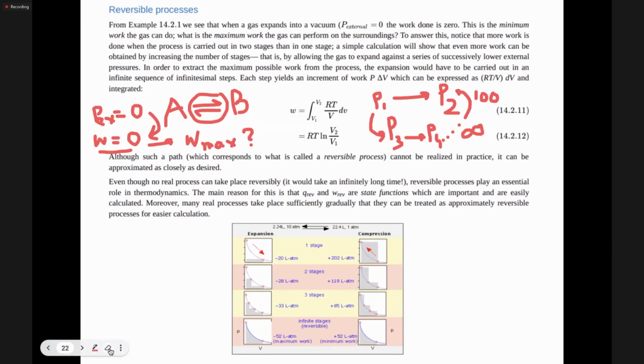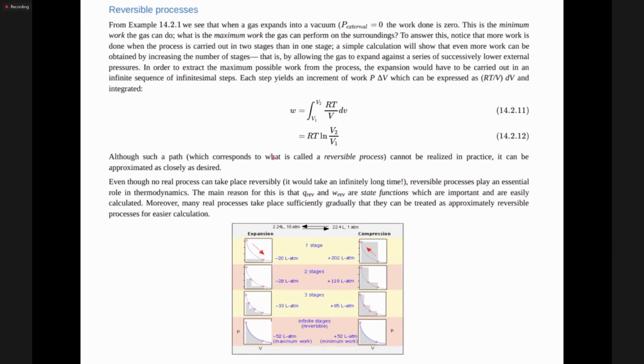So ultimately we are getting that W is actually the sum of P delta V, but this delta actually stands for a discrete function. So discrete means we are dealing with a finite number of steps.